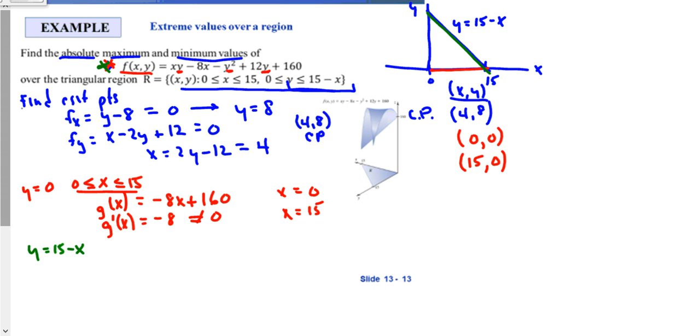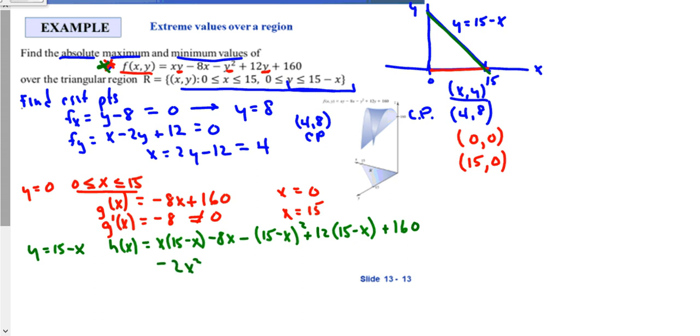I'm going to call that new function h. h of x will be... Now when you simplify that, this simplifies down to minus 2x squared plus 25x plus 115.